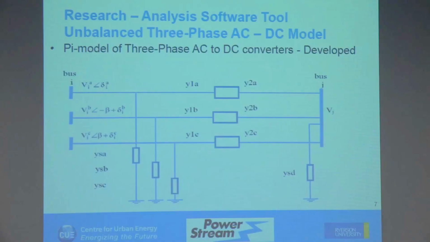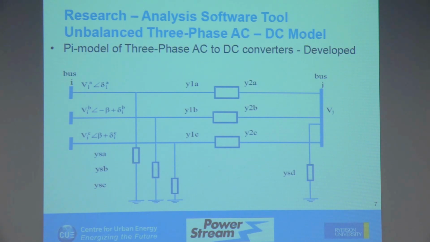With that, we derived a bunch of equations which allow us to take this converter and model it as a pi model. In doing so, if the conversion is complex, then you will get two sets of impedance values. When you're looking from the AC bus, those are Y1A, Y1B, and Y1C. If you're looking from the other side, which is VJ, the artificial bus that we create, you get the impedance values Y2A, Y2B, and Y2C.